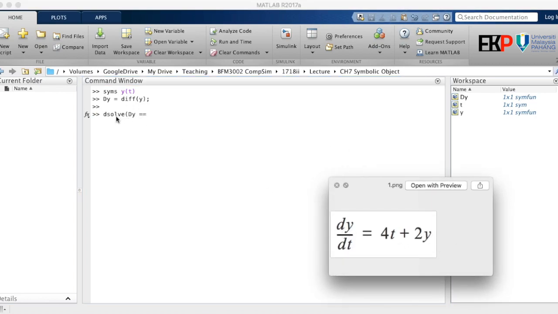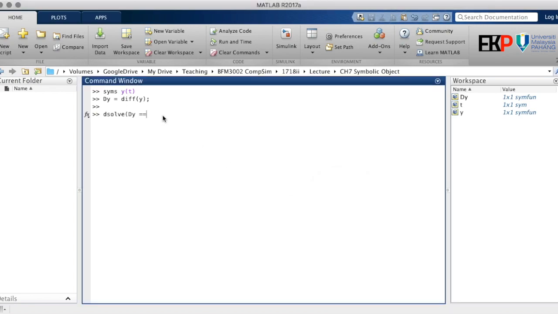So capital D and y represents dy over dt, because we have defined up here that dy is equal to the differentiation of y, which is equivalent to dy dt, and this is equal to 4t plus 2y. So here we type in 4 times t plus 2 times y. When we press enter, MATLAB will give us an answer: C1 times the exponent of 2 times t, minus 2t minus 1.